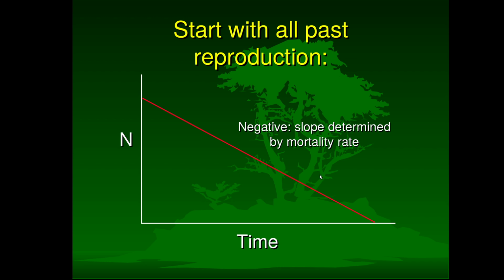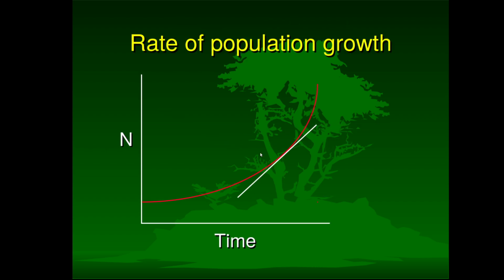So in any population, the instantaneous growth rate of that population is little r times n. And that's the slope of this curve at this instantaneous moment. But little r is a balance between birth rate and death rate. Births are contributed by intermediate aged individuals, and deaths by very old or very young.